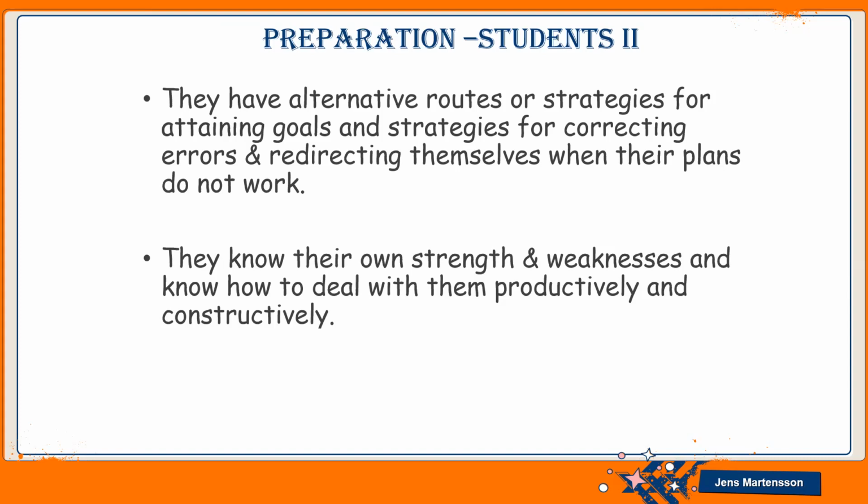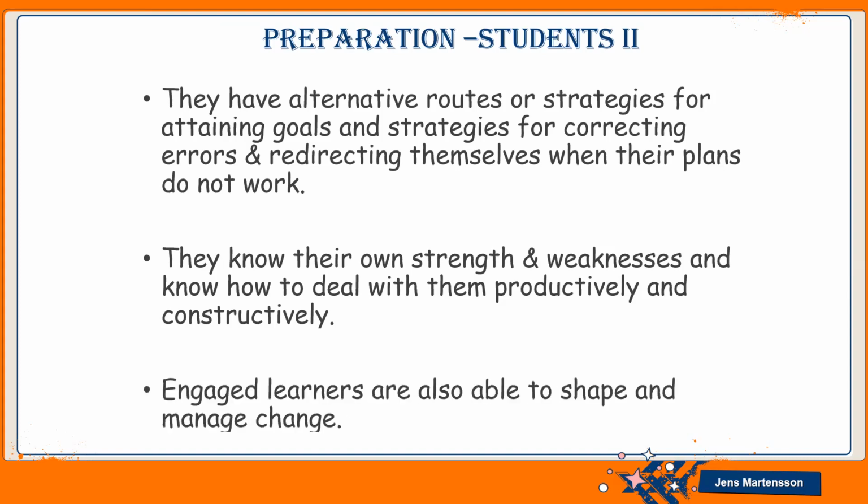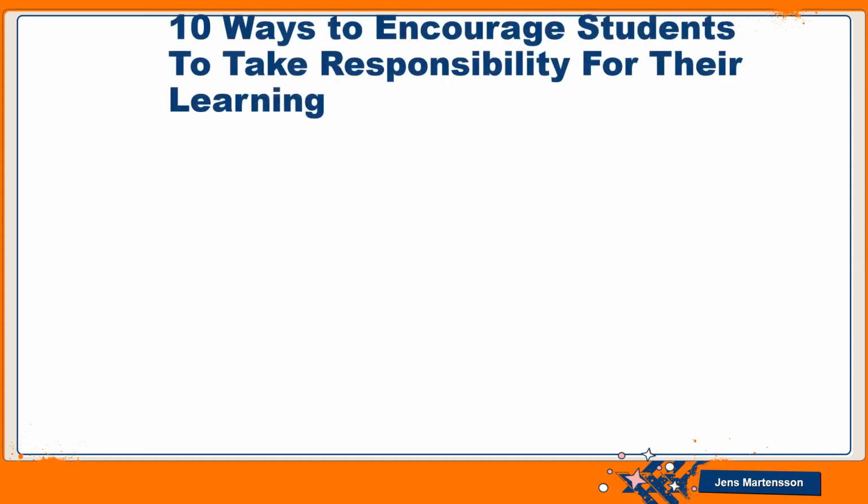So he is seeing 9, I am seeing 6. So you allow the children to see the learning from their own angle. That is how creativity comes out, a kind of thinking out of the box. So engaged learners are able to shape and manage change.